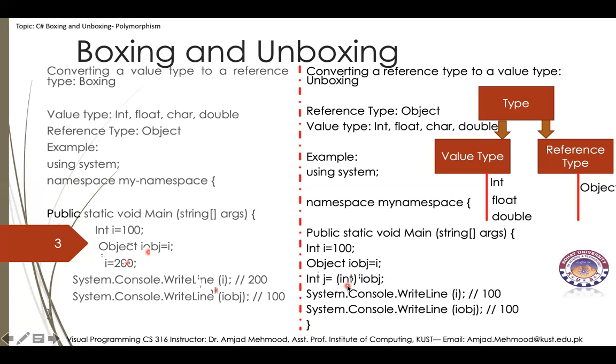If you want to convert to float, you have to write float, and you know that once the value of the object is converted into float, you must have a float data type here to store that float value. Here, in this step, you get the 100 at each step. So this is the example of boxing and unboxing.